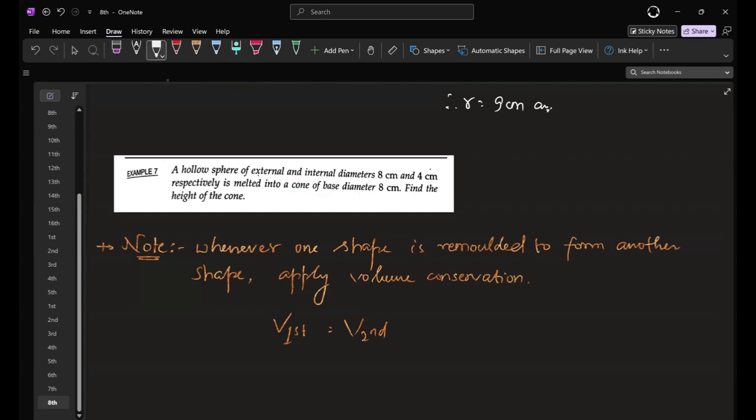But instead of that, you will directly write 4 upon 3 pi times R cube minus r cube equal to 1 upon 3 pi r square, where r square would be 4 square, into h. Directly this, so that all the terms prone to cutting out from both sides simply cut out, and you have directly the value of h.